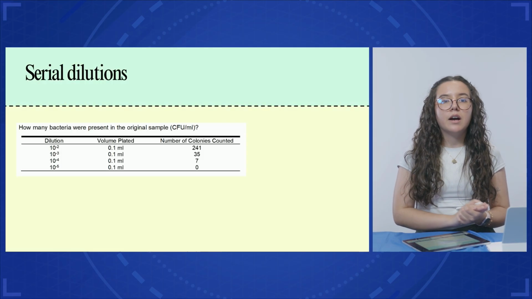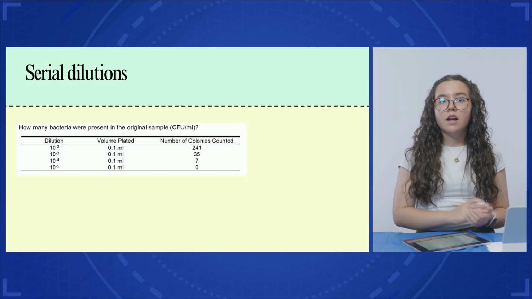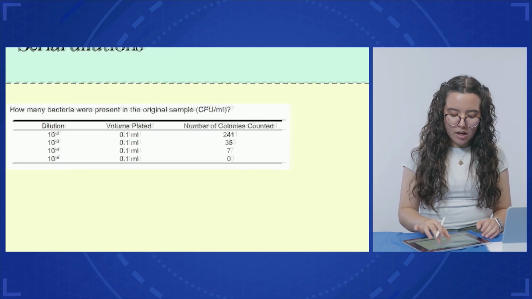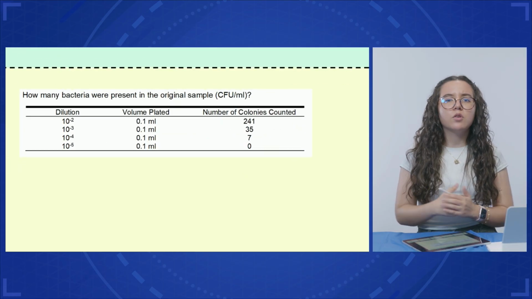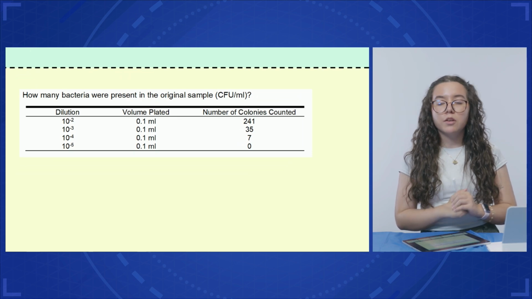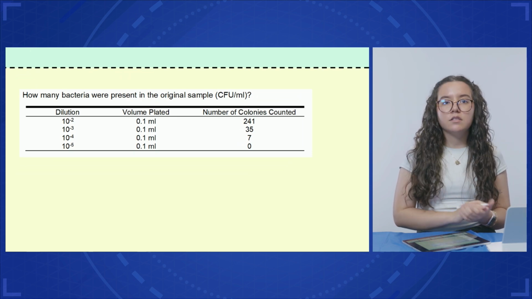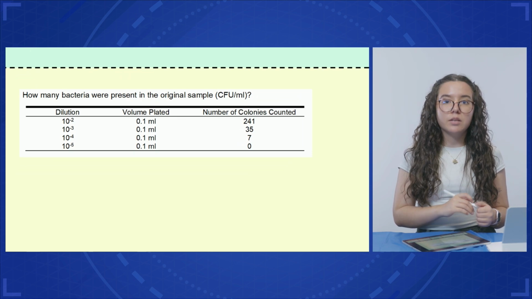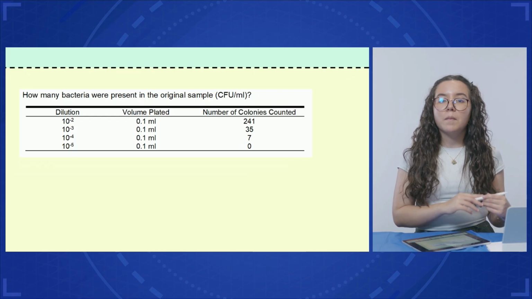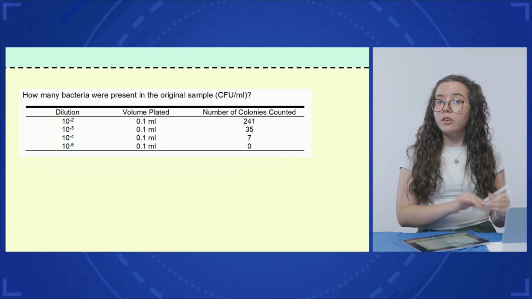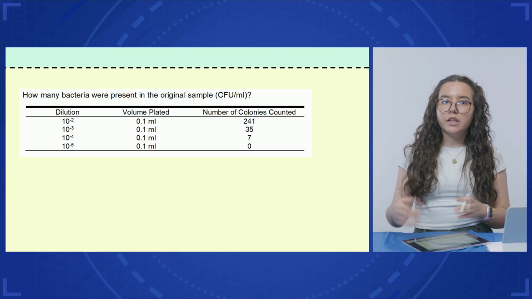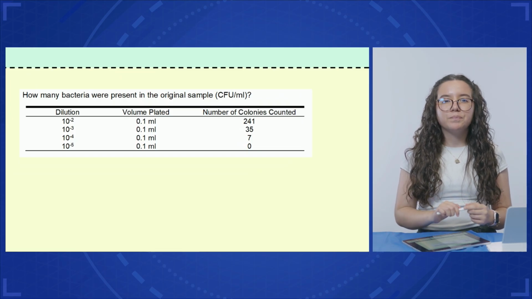Now we can talk about some serial dilutions. This one here is a problem you'll see quite a lot, especially in the microbiology lab. So here it's asking you how many bacteria were present in the original sample in CFU per mil. CFU is colony forming units per milliliter of the sample.